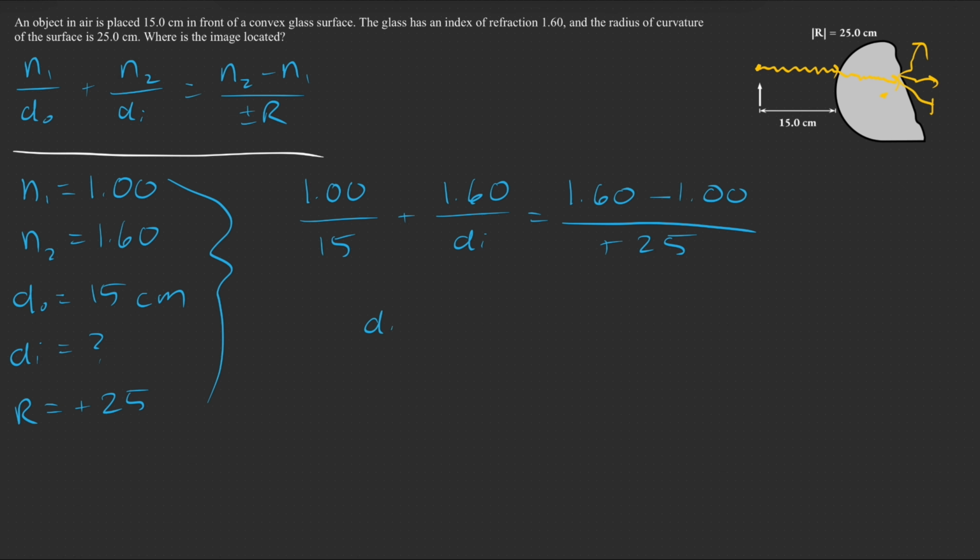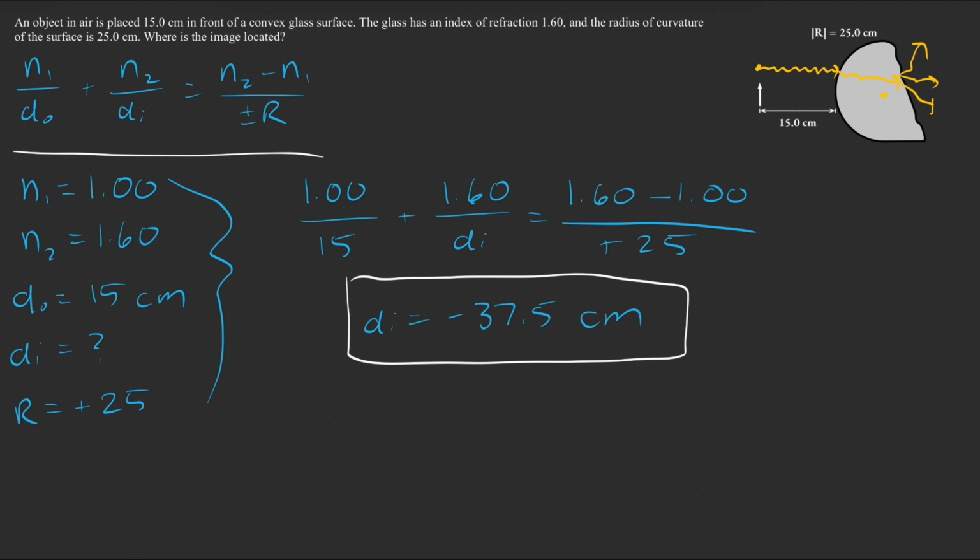Now some calculator punching and algebra should give us 1.6 minus 1 divided by 25 minus 15 inverse divided by 1.6. That should give us negative 37.5 centimeters.